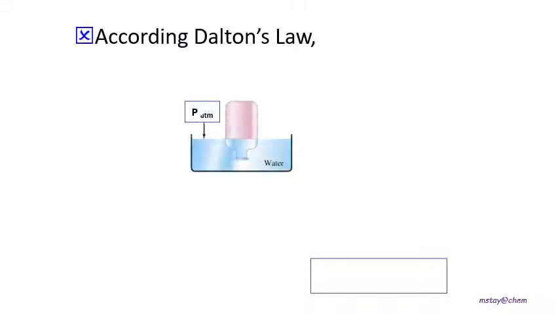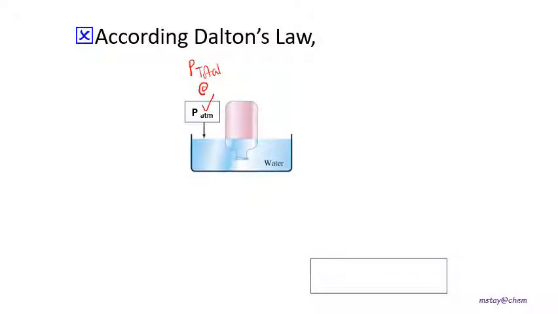Now let's look at how Dalton's law can be applied to the water displacement method. So this is the diagram for the water displacement method. The atmosphere pressure can be equal to the total pressure.